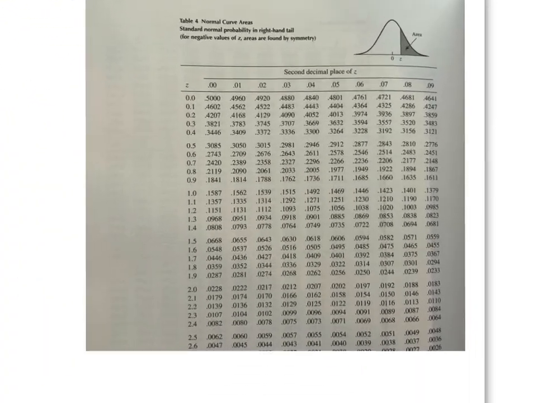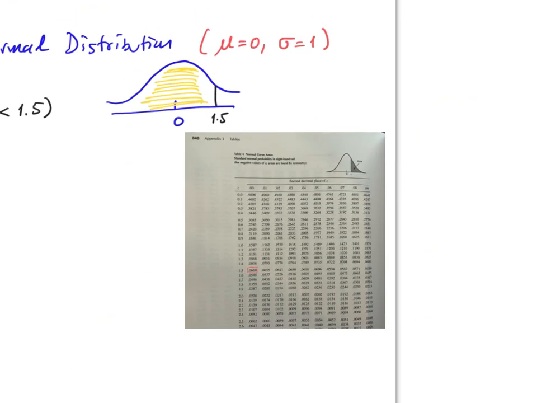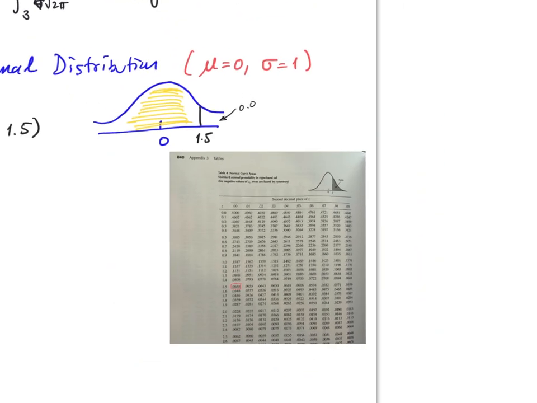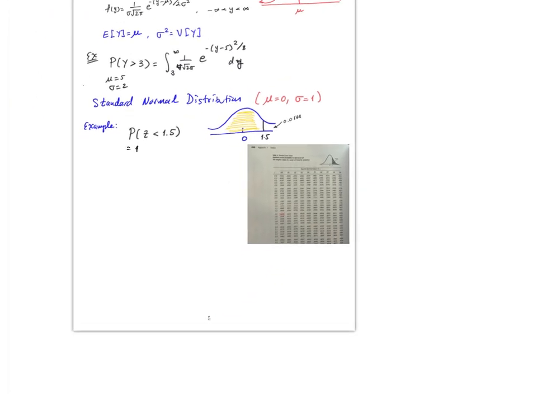1.5, we look to the value of 1.5, is this number right here. So that's the area to the right, but you don't want the area to the right, you want the area to the left. So this one is 0.0668. Therefore this probability is going to be 1 minus 0.0668, which is 0.9332.